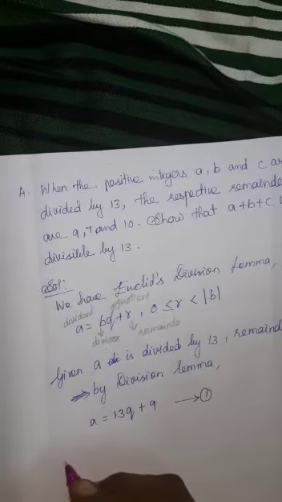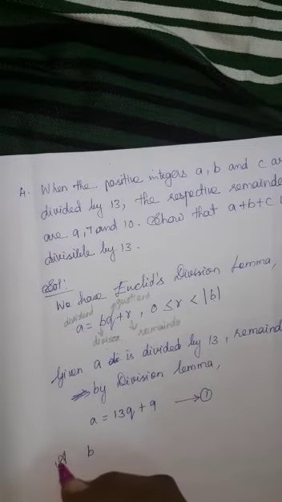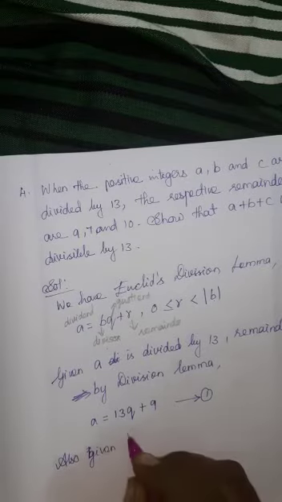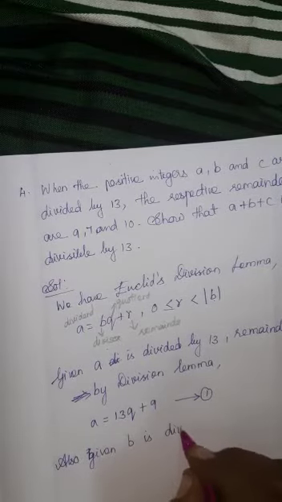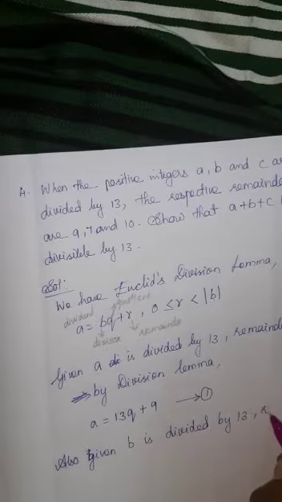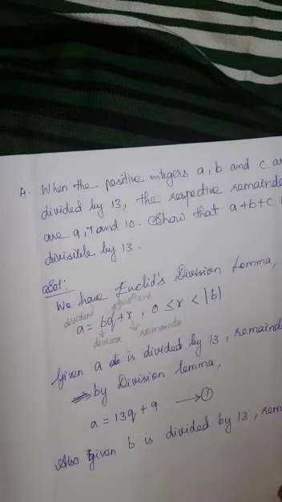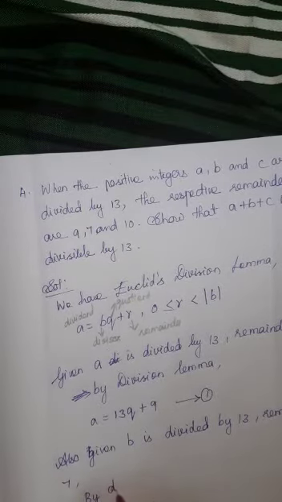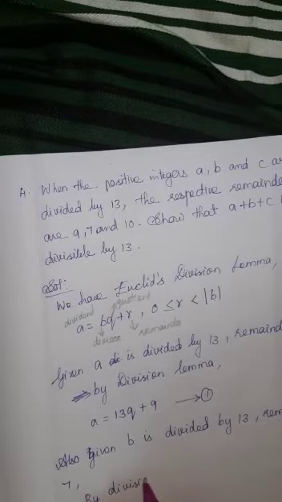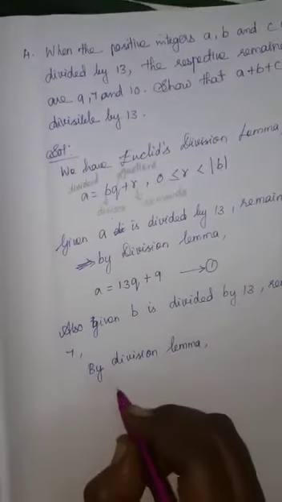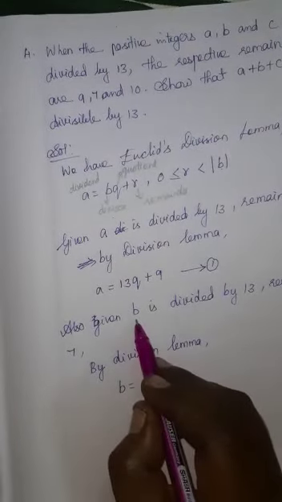Then b is also given. b is divided by 13, remainder is 7. By division lemma, we can write b is equal to, this b is the dividend.